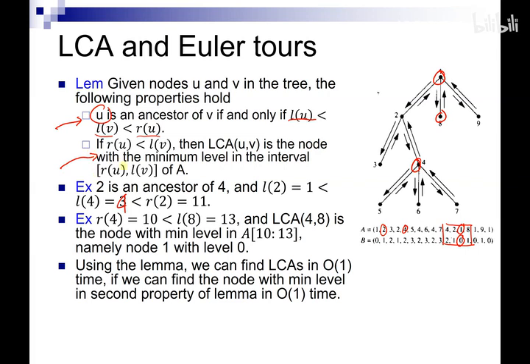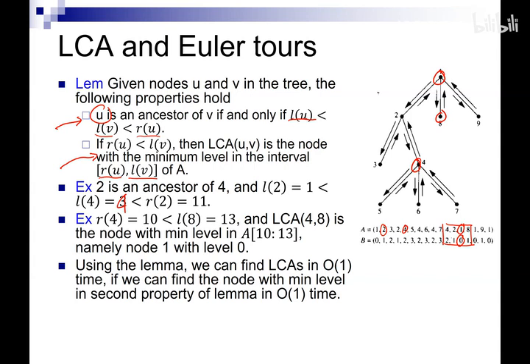Now the only difficulty with this part is the following. We can compute these values, R of U and L of V, so we have those values. However, what we need to do is look through this array B within this interval, between R of U and L of V, and find the minimum level in that interval.